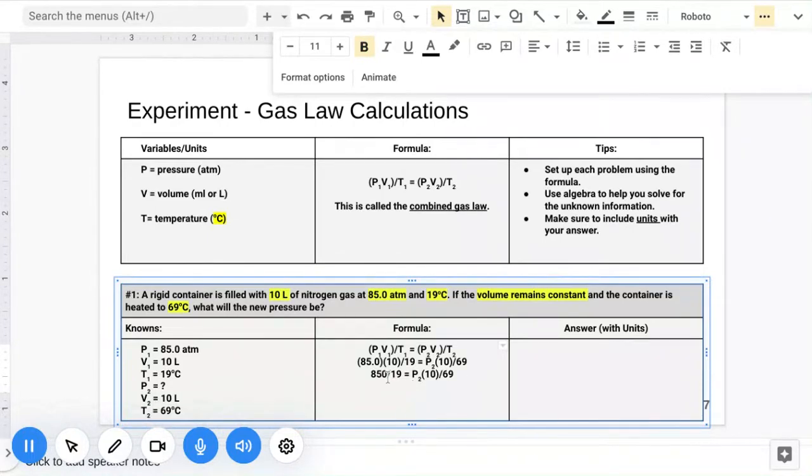Our next step, we could divide 850 by 19. So I'm going to go ahead and do that on my calculator. I get 44.7. So now we have 44.7 equals, and we have the same stuff on the right. So I'm just going to copy and paste it.